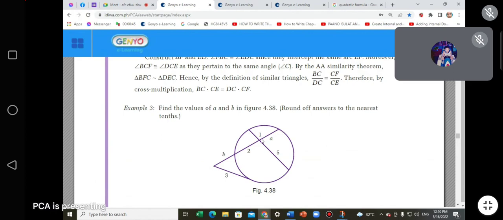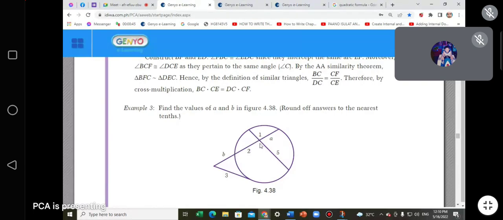Okay. So we're looking for the segment, this one, no, the length measurement of this A, and then this B also. Given one segment of the chord, and the other segment, it's 5, no? And part of the secant segment is this part here where you have 2, no?